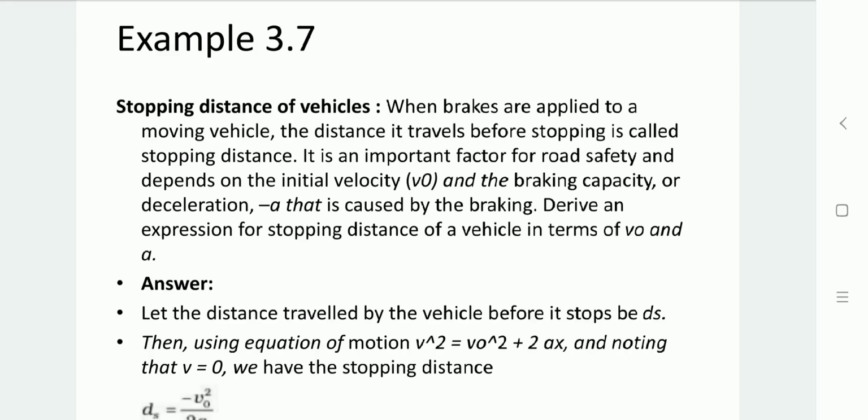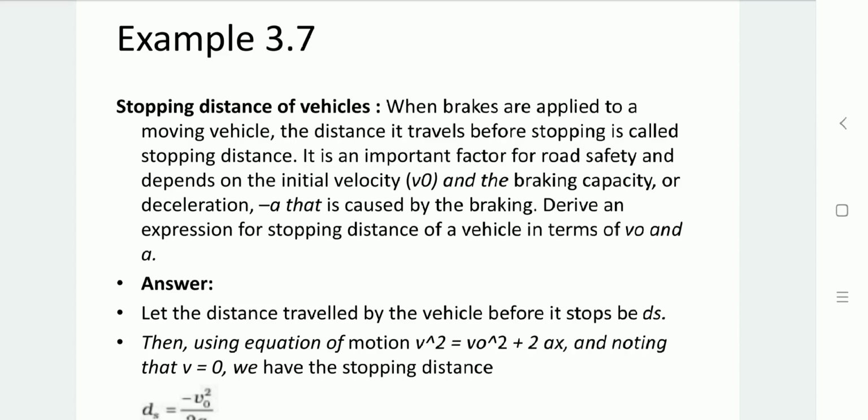For that, let us take the reference equation from the kinematic equations, v square equal to v0 square plus 2ax. Here, final velocity v would be 0 because after applying the brake, the vehicle will stop. So final velocity v we consider as 0.